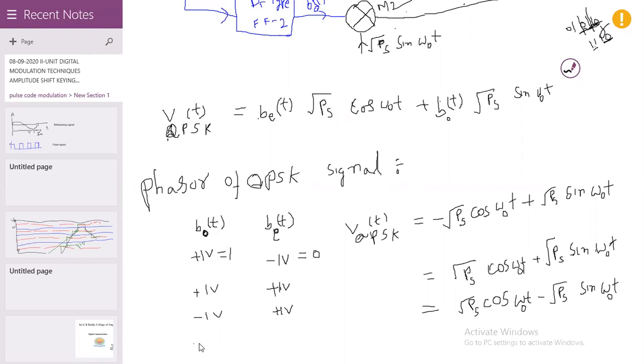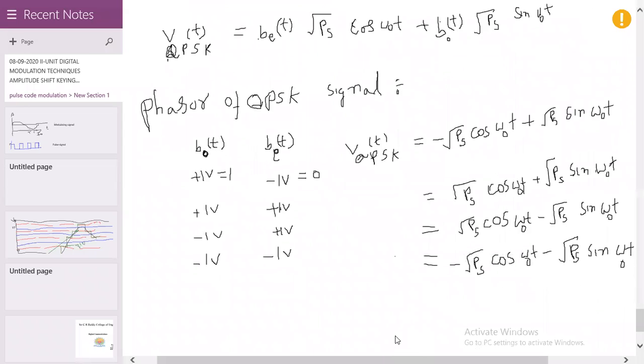Then minus 1 volt, this is minus 1 volt. At that time, the equation is minus root of Ps cos omega naught t minus root of Ps sin omega naught t. Now we can draw the phasor diagram by using these equations.